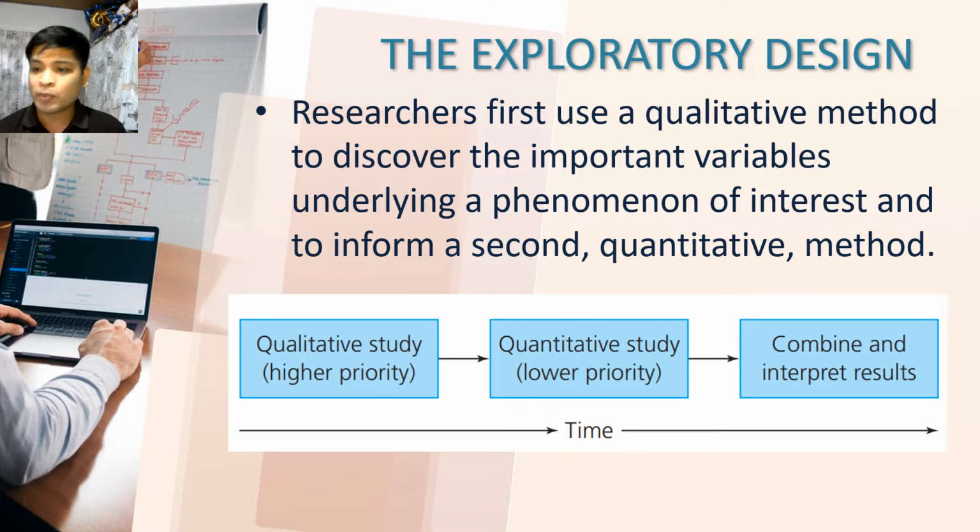So in the exploratory design, data analysis is done separately for the first qualitative and second quantitative phases of the study. The rationale underlying the exploratory design is to explore a phenomenon or to identify important themes. In addition, it is especially useful when one needs to develop and test a particular type of instrument.